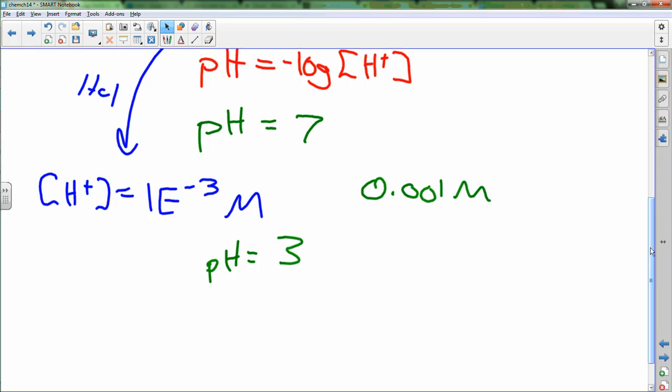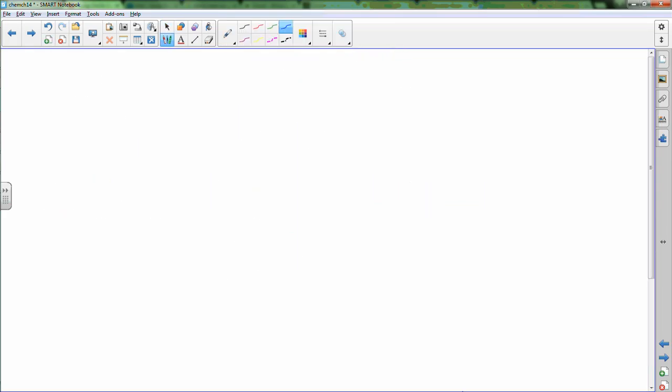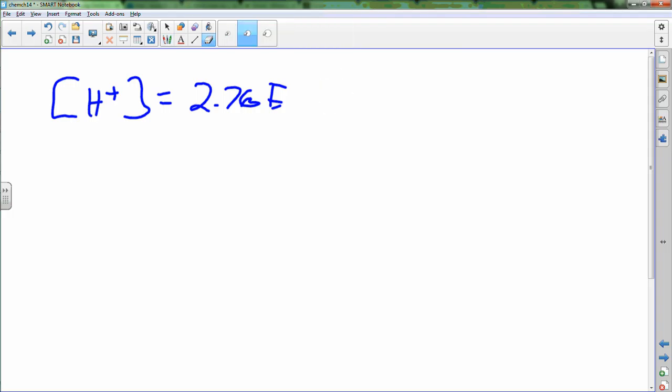So, let's try a couple of these for practice. Sorry, that should be a 4. E to the negative 4 molar. So our concentration of H plus ions is 2.76 times 10 to the negative 4th molar.